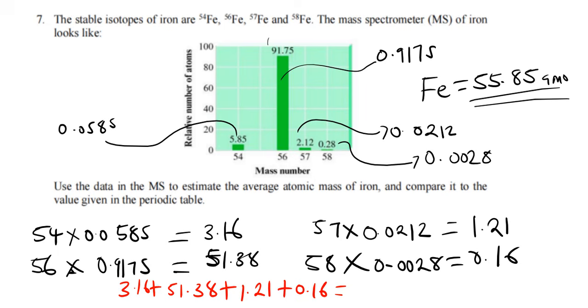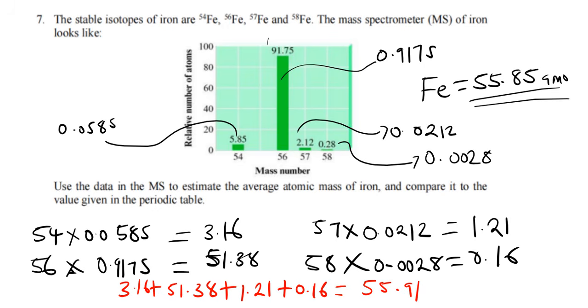So 3.16 plus 51.38 plus 1.21 plus 0.16. I'm getting 55.91. Okay, so that is what I have. Now we have to compare this with what we have on the periodic table.